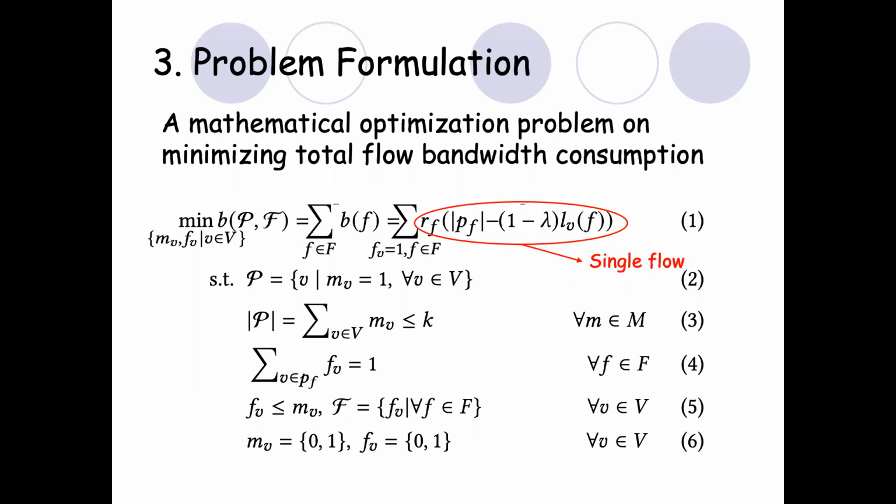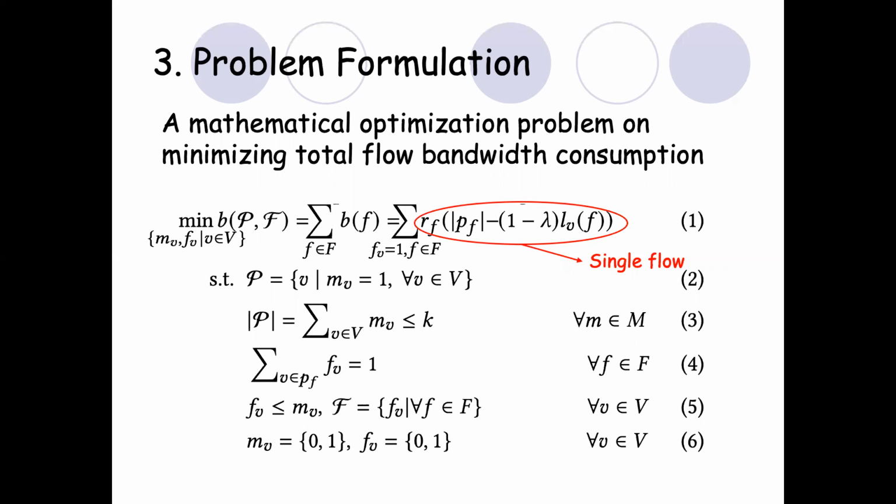And equation 3 states that the total number of placed middleboxes is no more than the predefined constraint K. And the total number of selected vertices with deployed middleboxes equals the sum of MV for all the vertices. This is because when MV has a value of 1, it means that a middlebox is deployed on V. Otherwise, MV should be 0.